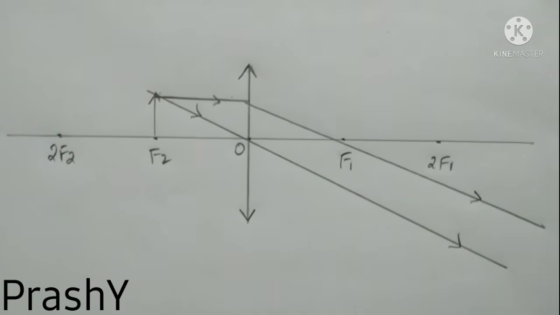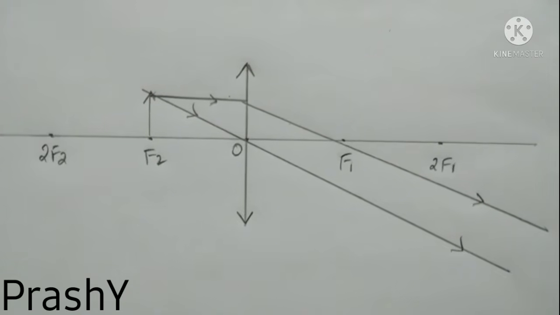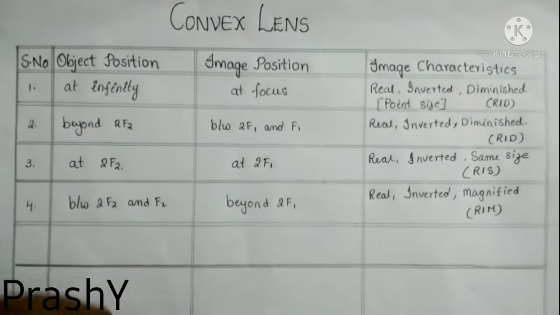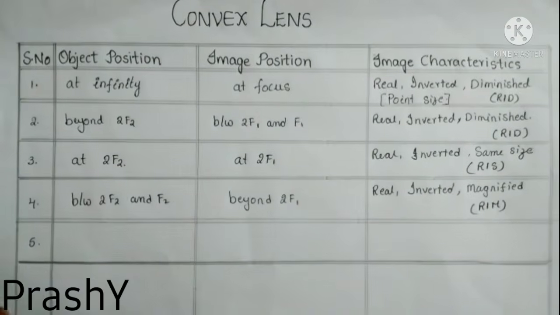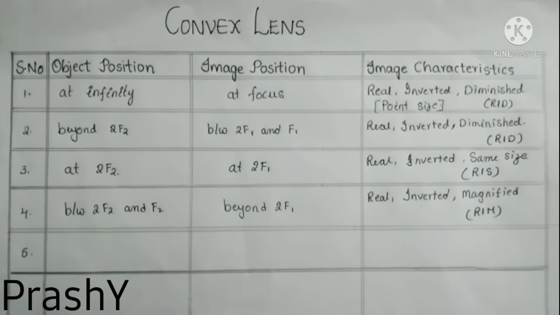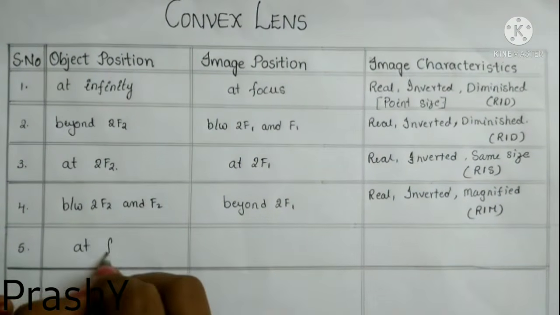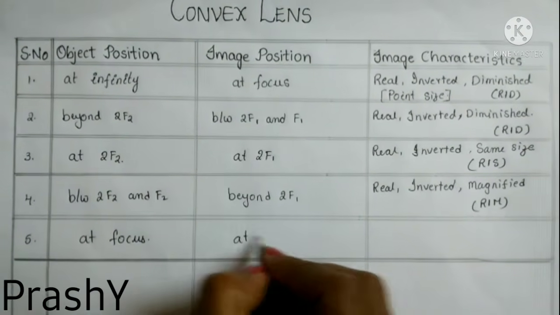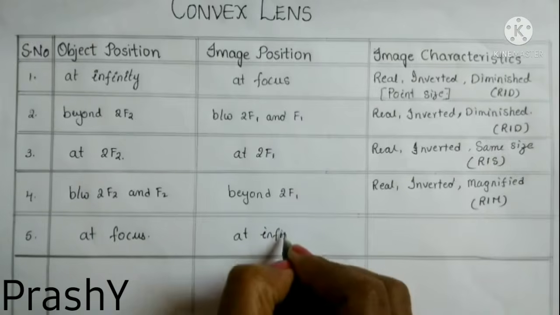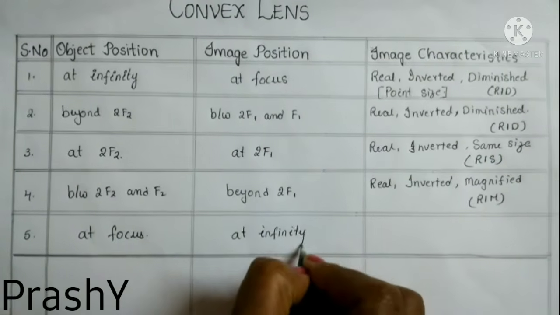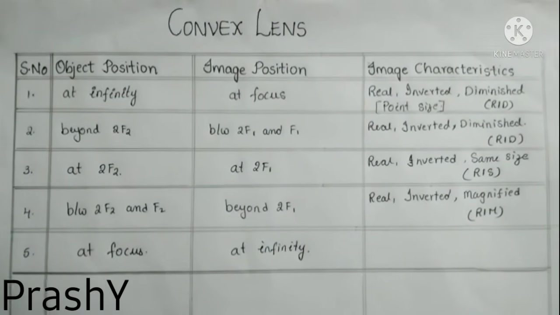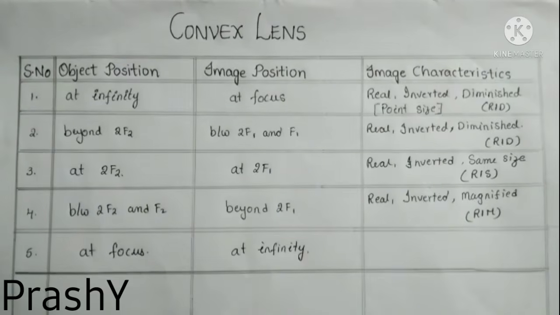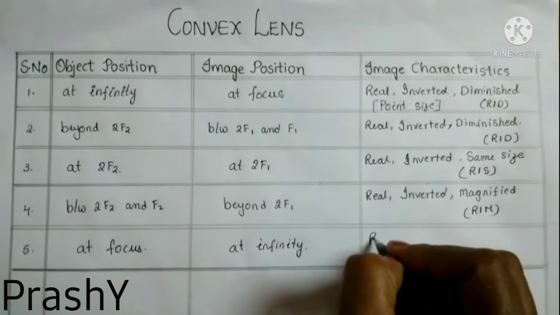So here this is the image formation for convex lens. So fifth one is the object position is at focus. So at focus, and image we are getting at infinity. So the image what we got is real, inverted and magnified.